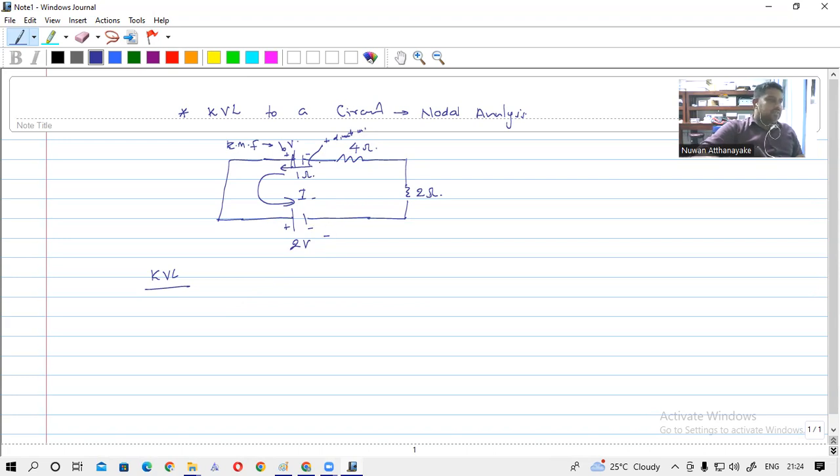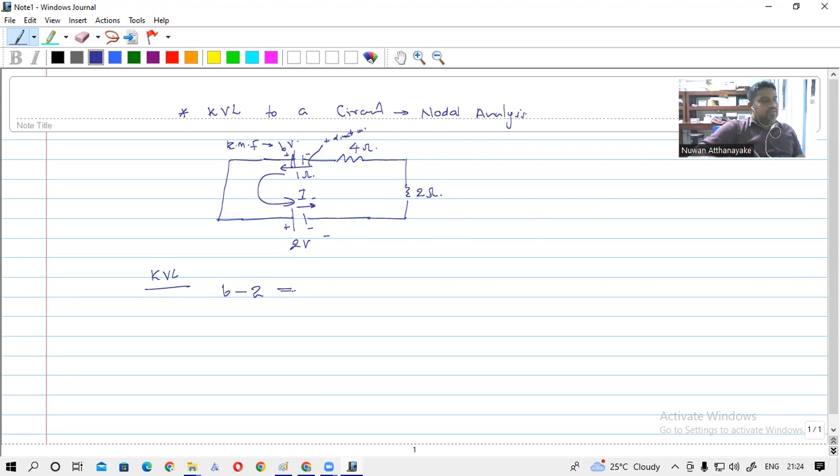So if we see in this direction, this battery is minus to plus, so it will be plus EMF, so it is 6. And if you consider this one, it is plus to minus, so it will be a minus EMF, so it will be minus 2.